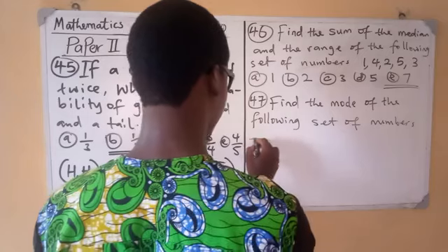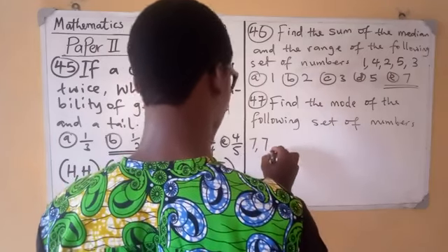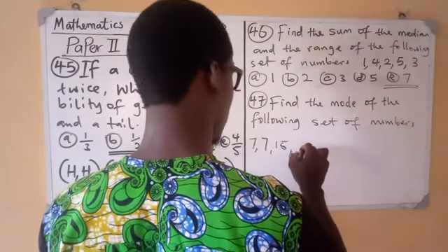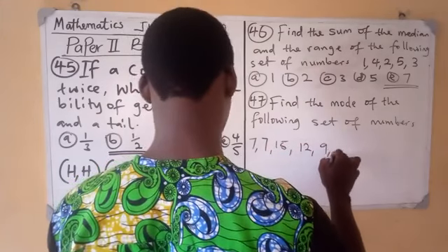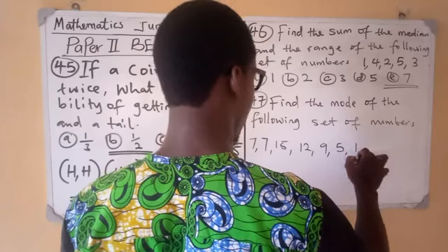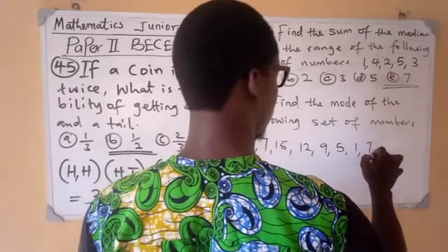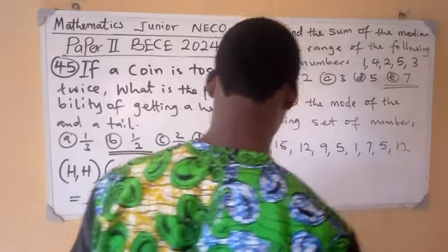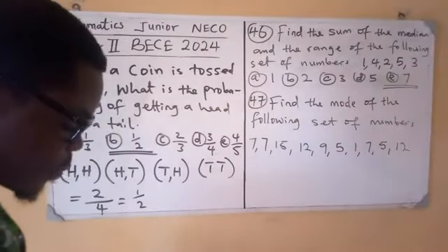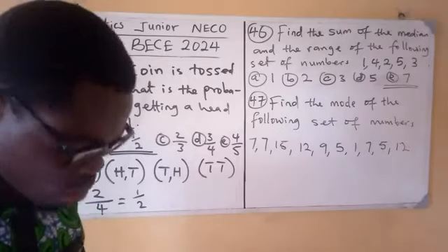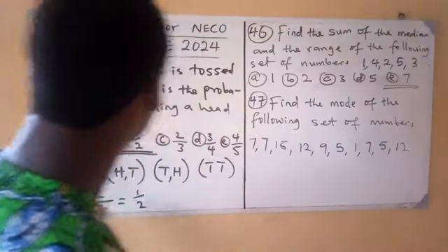Now the numbers are 7, 7, 15, 12, 9, 5, 1, 7, 5, and 12. So we are going to find the mode of this set of data.